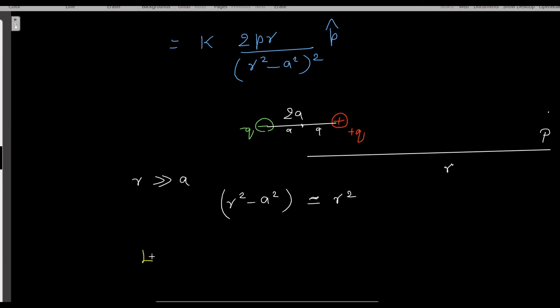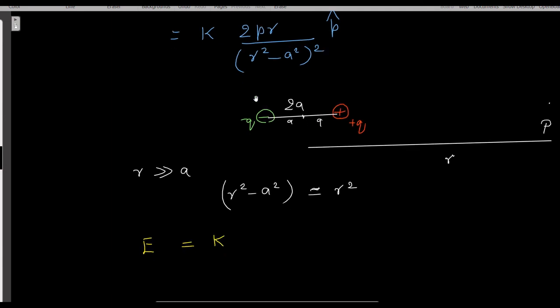the net field E is equal to K into, just look at this equation, 2pR by (R square minus a square), which is almost equal to R square.